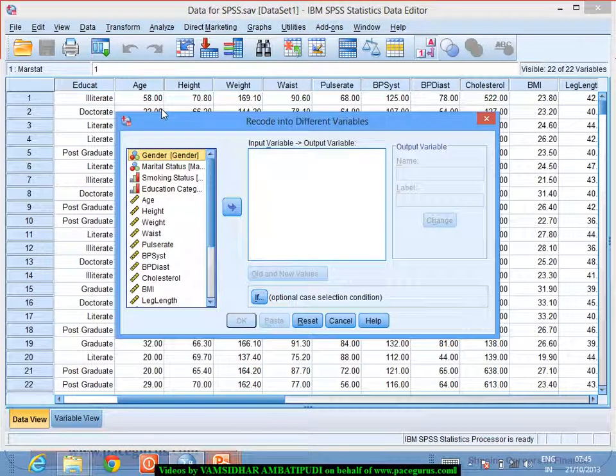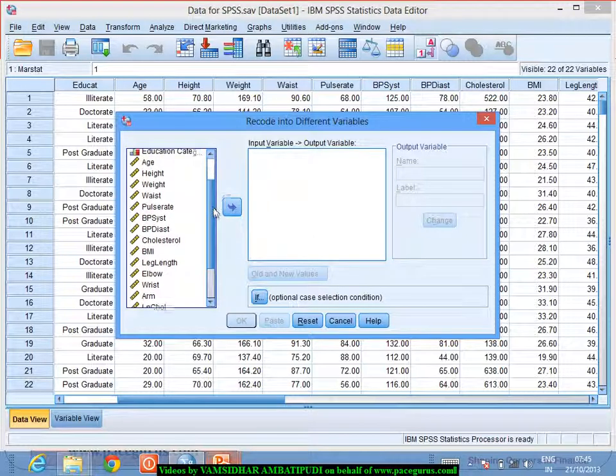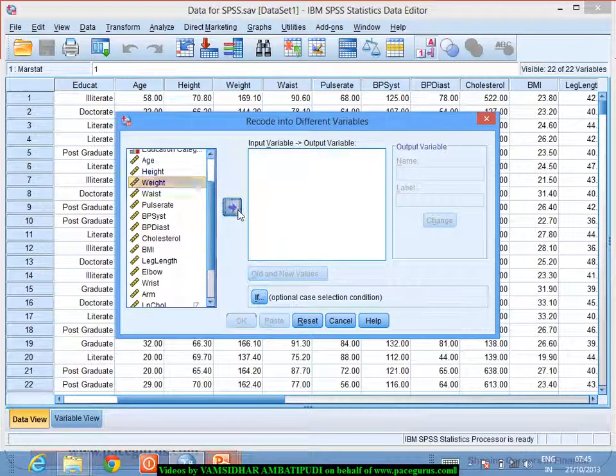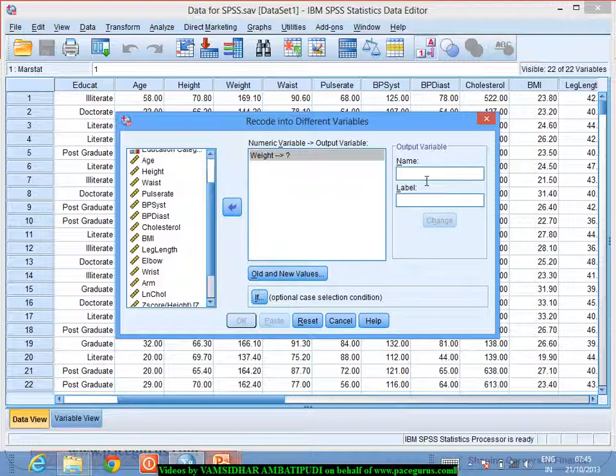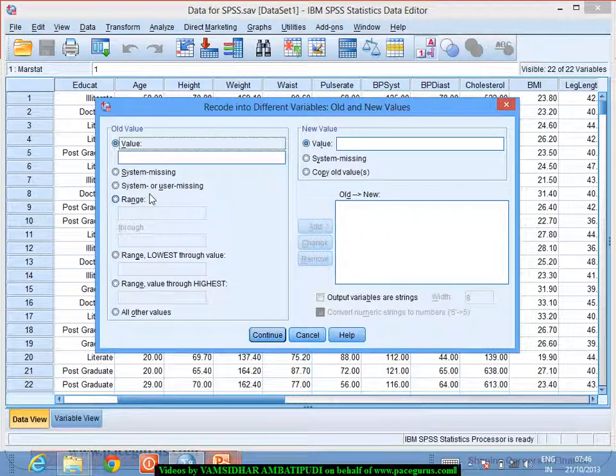Anything greater than or equal to 175 I'll call high, otherwise normal. So what I'll do is take weight as the input variable, the output variable is weight category, and the label I'll put as weight category, a better naming. I'll say Change, and here I'll say Old and New Values.